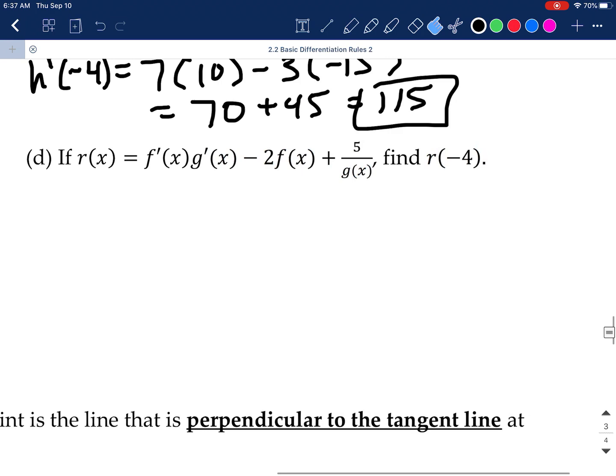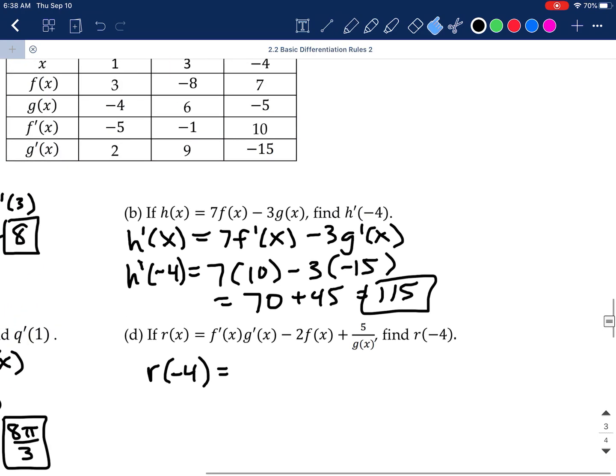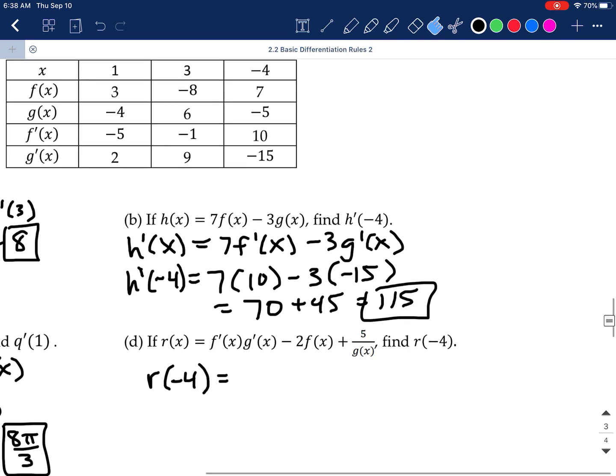And then last, part D here, we've got r of x. We want to find r of negative 4, so we just need to substitute. We don't have to find any derivatives. So using what we know about negative 4, f prime of negative 4 is 10. g prime of negative 4 is negative 15.